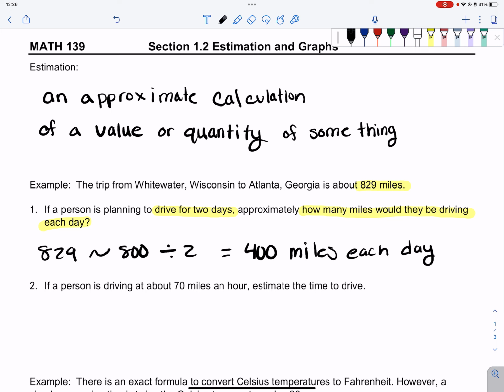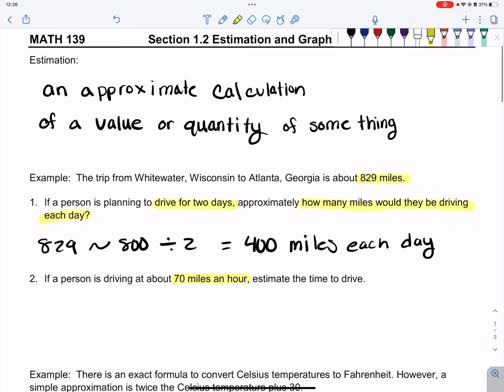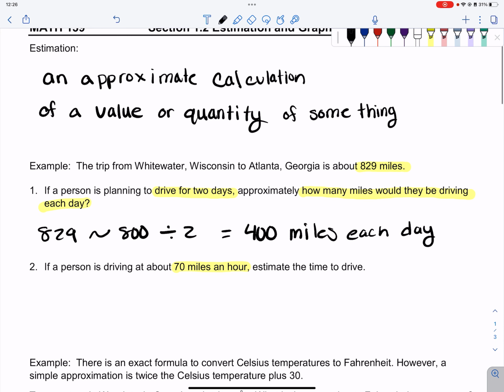The next one, we have if a person is driving at 70 miles per hour, estimate the time to drive. Well, let's break down what this means here. If they're driving at 70 miles an hour, then this means after 1 hour, they have traveled 70 miles.